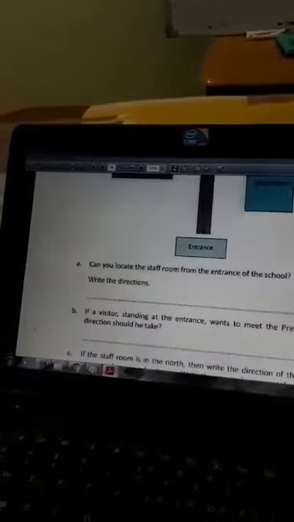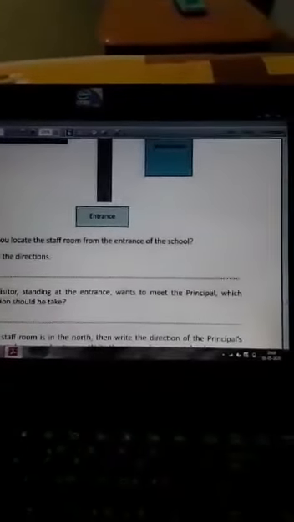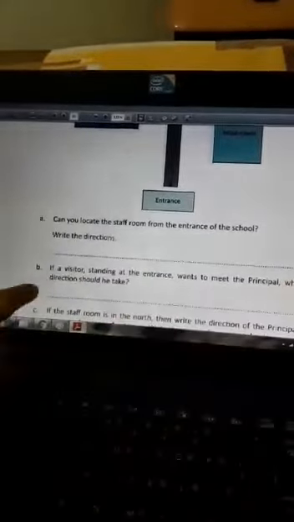Then we have the next question: if a visitor is standing at the entrance and wants to meet the principal, which direction should he take? So now here a person is standing at the entrance and he needs to meet the principal. So he has to go to the principal room.